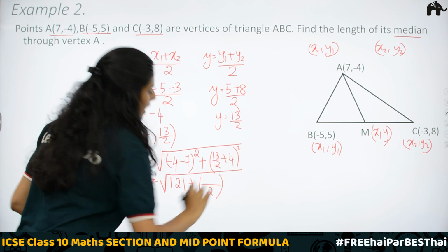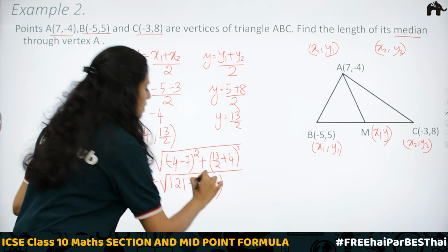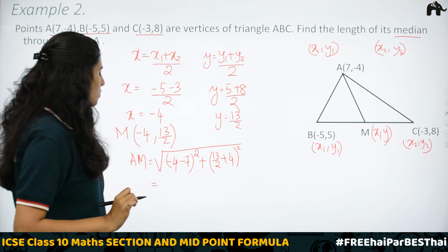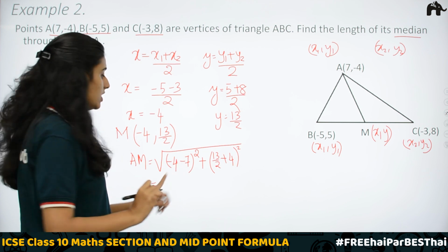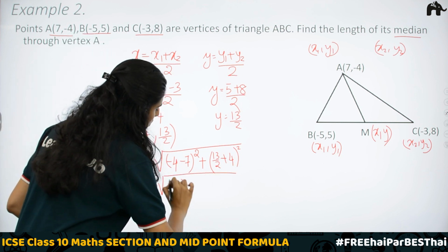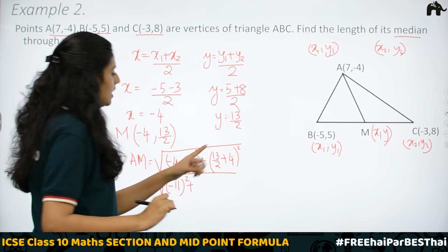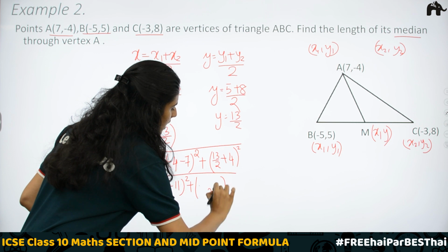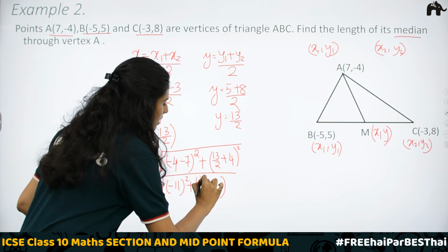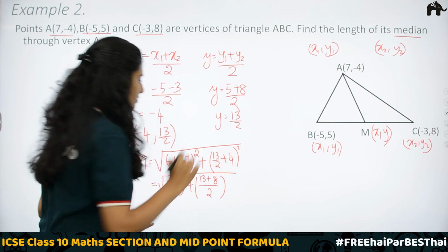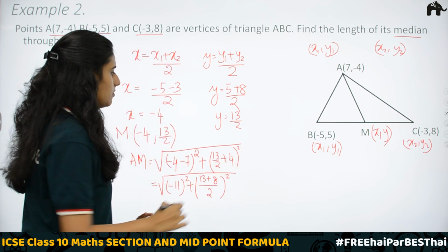Taking LCM, denominator we get 2, 13 plus 4 into 2, 8, whole square.